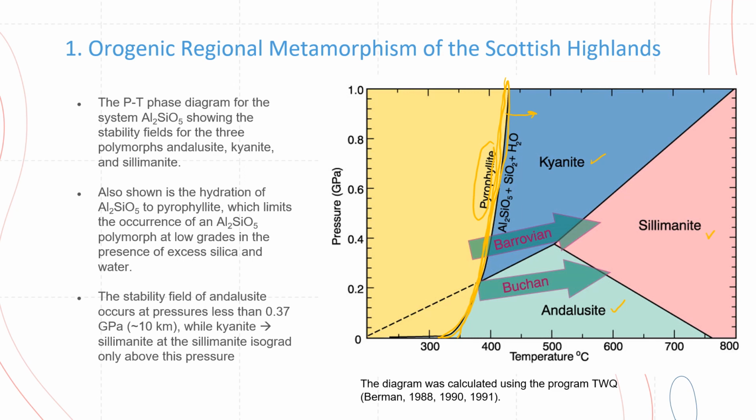So what that looks like on the graph is, the stability field of andalusite occurs at pressures less than 0.37, so somewhere around here, and the change from kyanite to sillimanite happens just above this pressure. So here we have the change from kyanite to sillimanite.